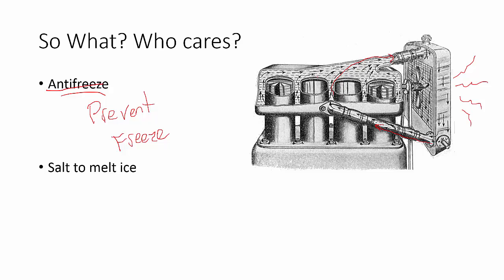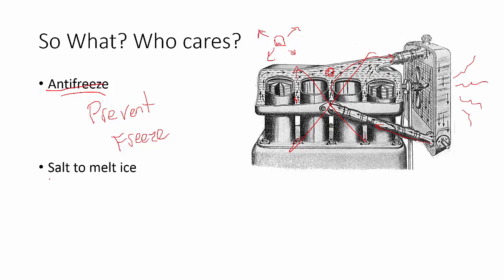If this stuff froze in winter, remember that water expands when it freezes. It would break your engine, and that would not be good. That's why you need antifreeze, so the water doesn't freeze, expand, and ruin your vehicle.